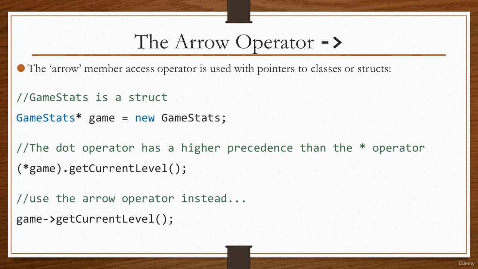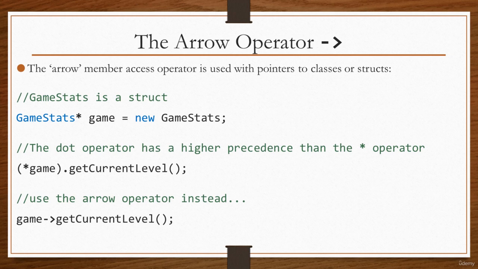So first we do the dereferencing, and that is essentially going to fetch the object in memory that the pointer is pointing to, right? So we fetch that, then we can do the dot operator and then access some member, in this case a function, get current level, as an example. It's easy to make a mistake with this, to leave out the parentheses or something like that.